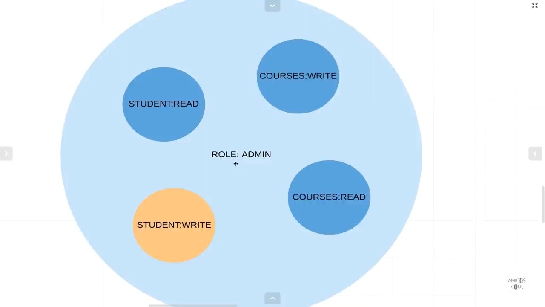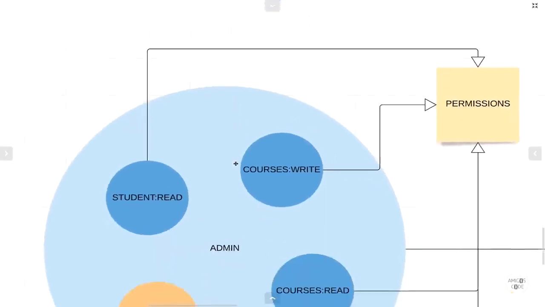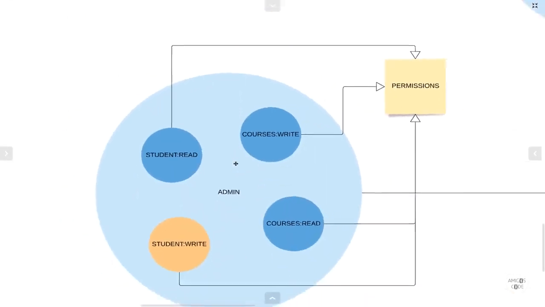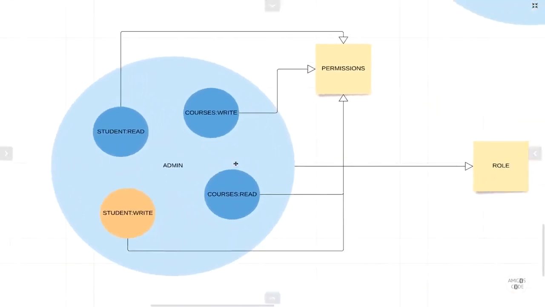So you can see that the role is the high-level view, and then within a role you have a set of permissions that a role has. So if I make this smaller, you can see that these are the permissions: course write, read, student write, and student read. And then admin, the higher level, is the actual role.